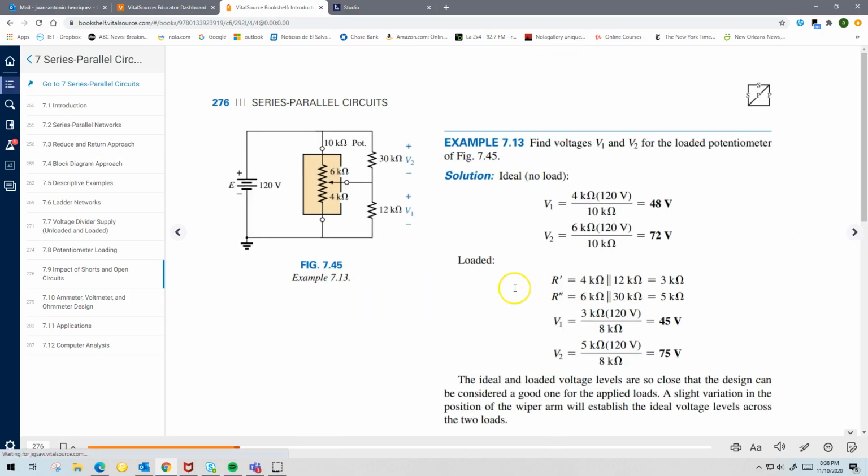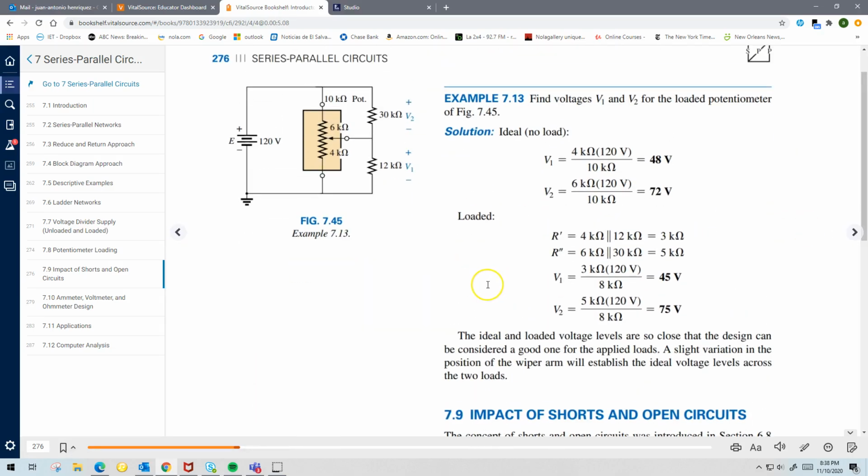So this is an example, and the example summarizes what I just said and what the other page is saying, but I want you to understand why that is. In the example, it's going to show you how that works. It's saying, find the voltages V1 and V2 for this loaded potentiometer. Again, remember, the pot is a 10K pot.